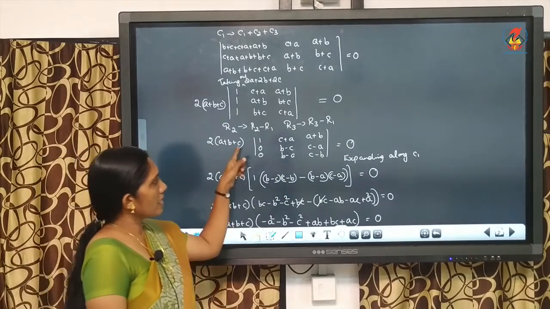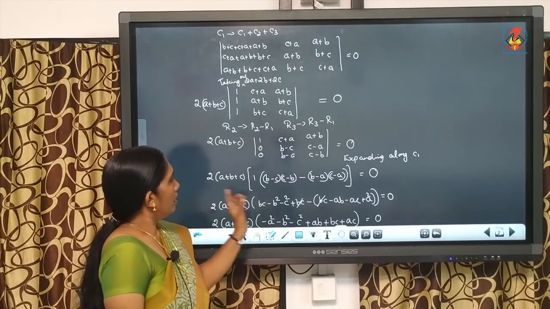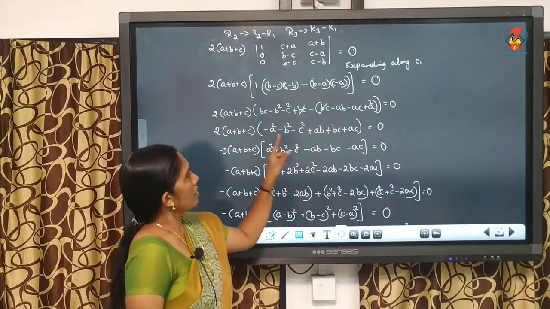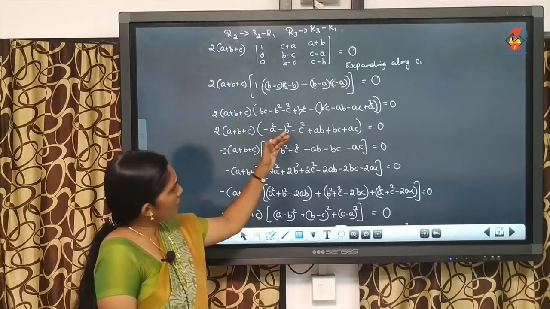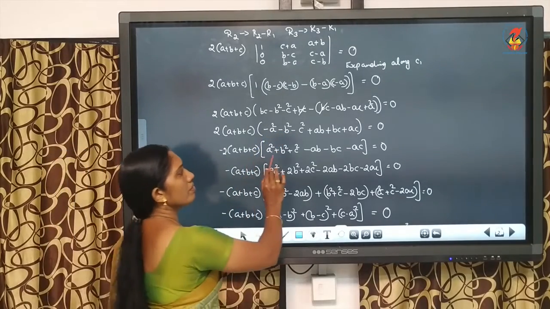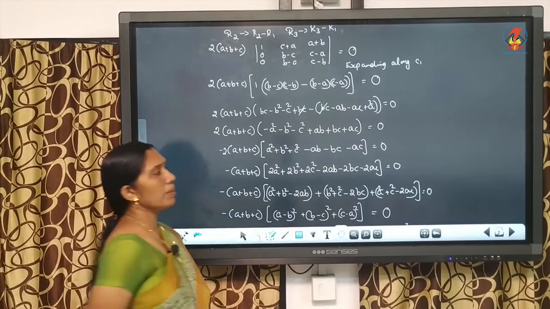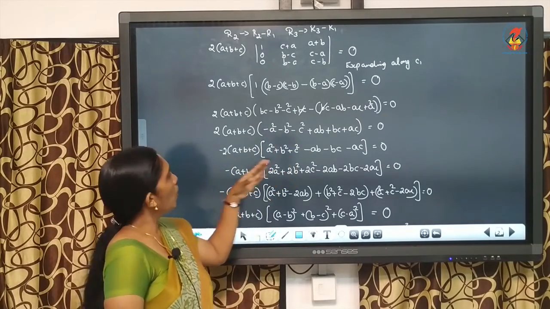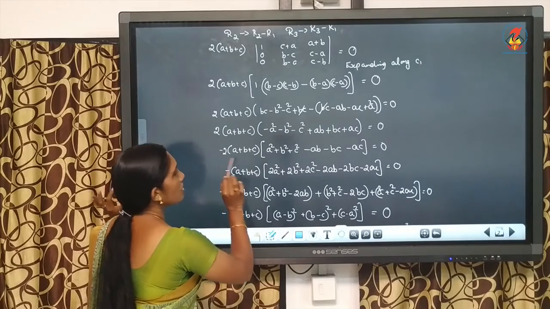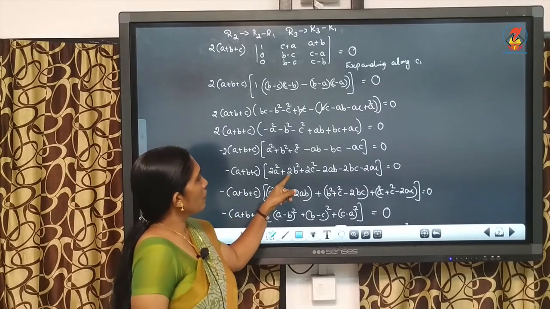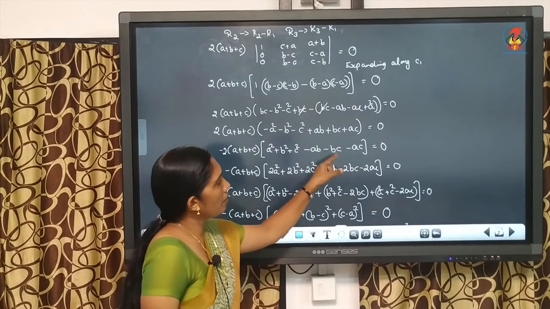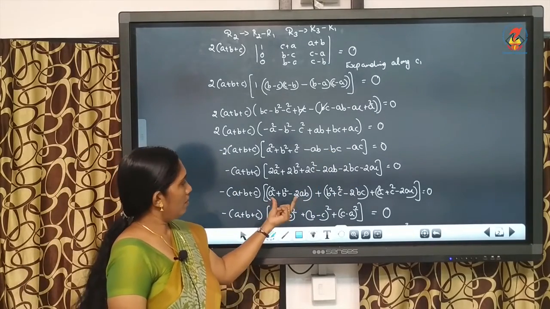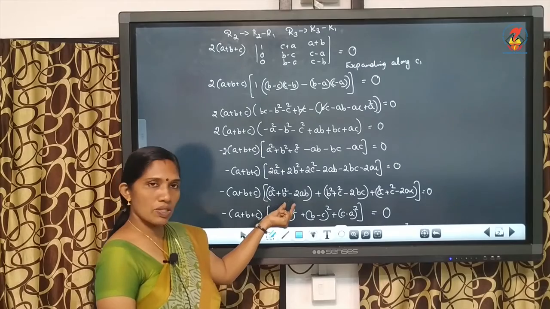Then we just expand along c1. Then open the bracket. Then we get like this, and this square is negative, so we take the negative outside. Then a square plus b square plus c square minus ab minus bc minus ac. Here either you can multiply and divide by 2 or multiply this bracket by 2. Okay, 2a square, 2b square, 2c square minus 2ab minus 2bc minus 2ac. Then we rearrange, put brackets and do a square plus b square minus 2ab.